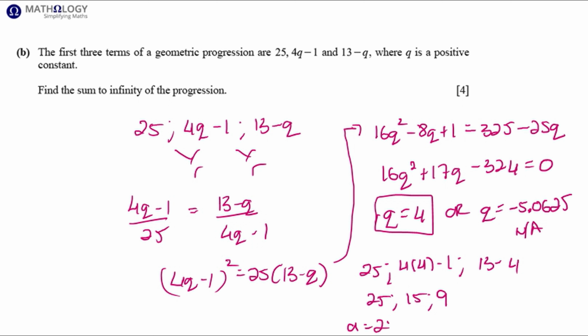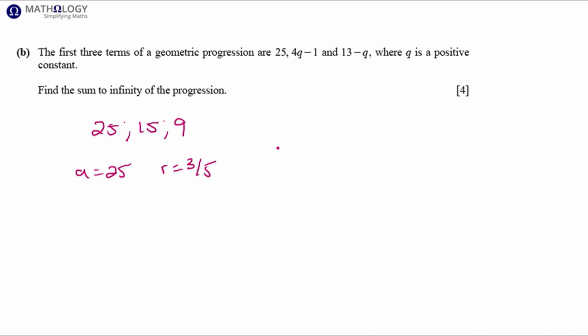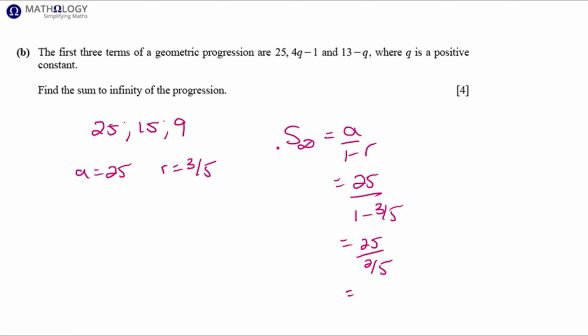A equals 25, and the common ratio will be 3/5. The sum to infinity equals a over 1 minus r, that equals 25 over 1 minus 3/5, which is 25 over 2/5, which is 125 over 2.